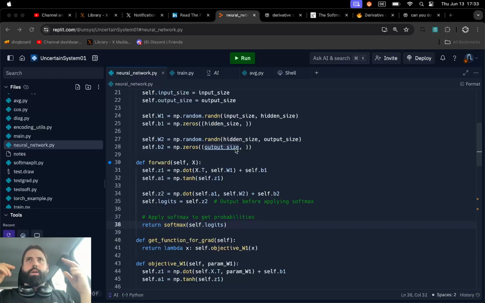If no matter what input values you're putting, your logits are always the same, because you've run through all the training samples, you end up with a certain function.